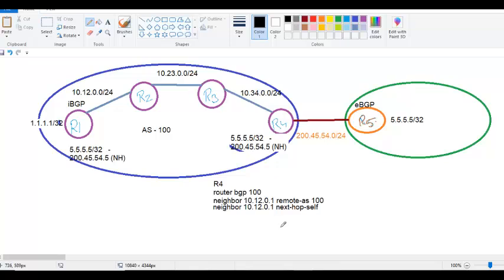For IBGP, you are forming a neighbor here. Don't see this line, just pretend this line doesn't exist. Now you're forming a neighbor between R4 and R1 by saying 10.12.0.1 remote AS is 100. It's an IBGP. When you do that, see the next hop address. The next hop address is the address of router 5, dot 5.